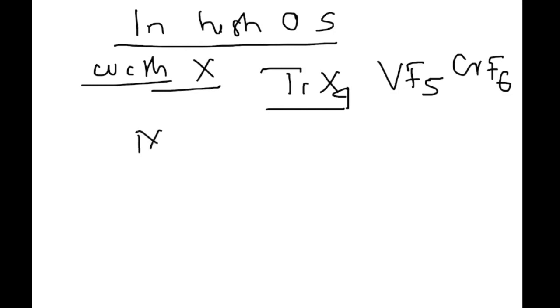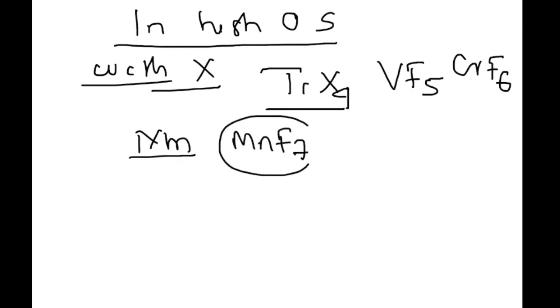But manganese does not exist as MnF7, because 7 fluorine atoms will not surround the Mn +7 state. This does not exist. It exists as MnO3F form.